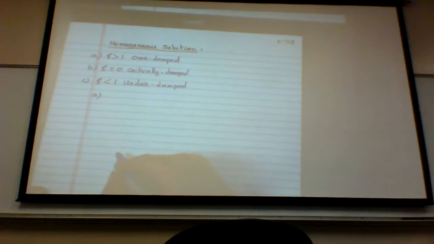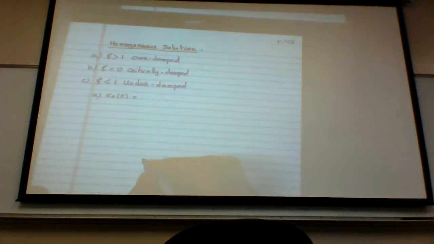So after doing the calculations, what is the solution for the homogeneous solution if the system is overdamped?